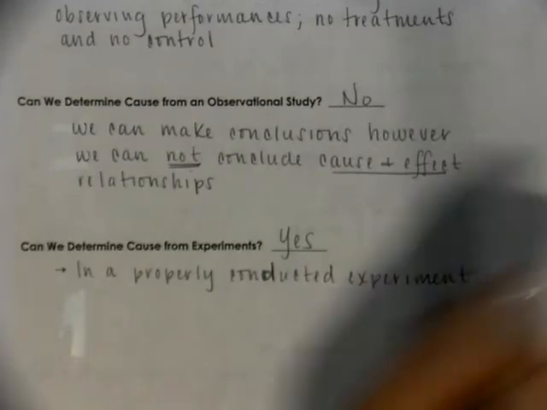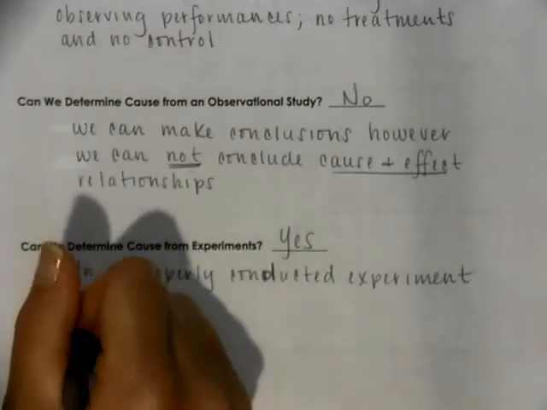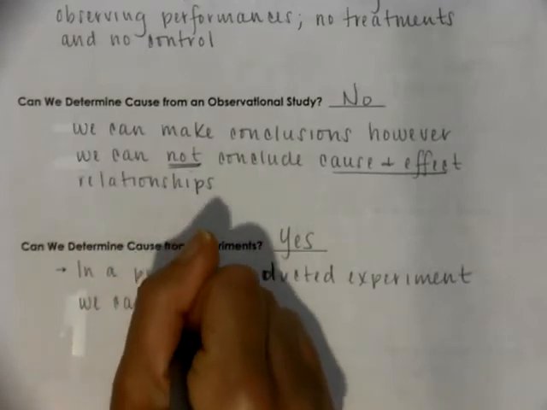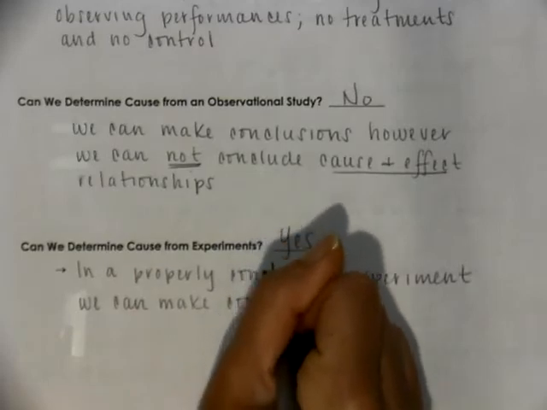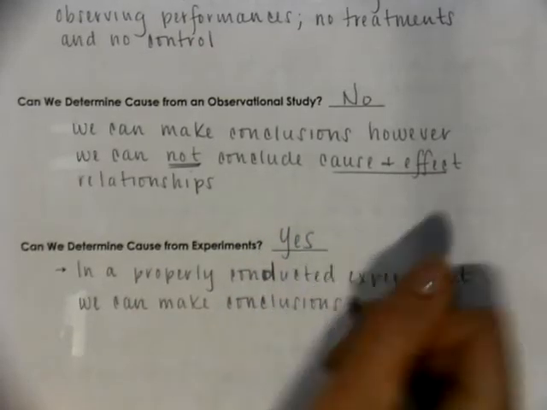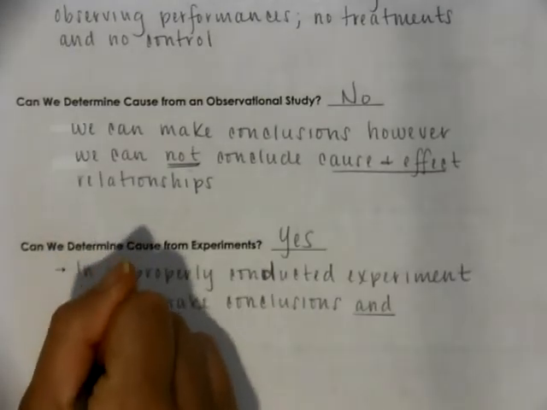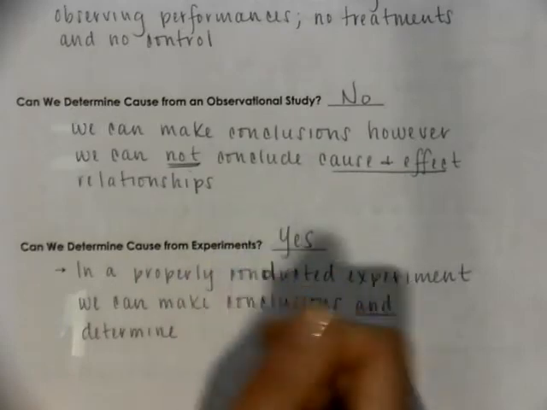So what do I mean by properly conducted experiment? Where we randomly assign, we replicate, and we have control. So in a properly conducted experiment, we can make conclusions and determine a cause and effect relationship.